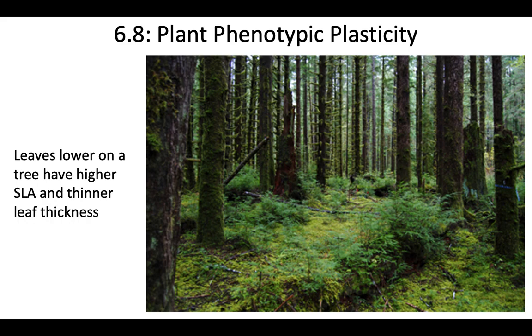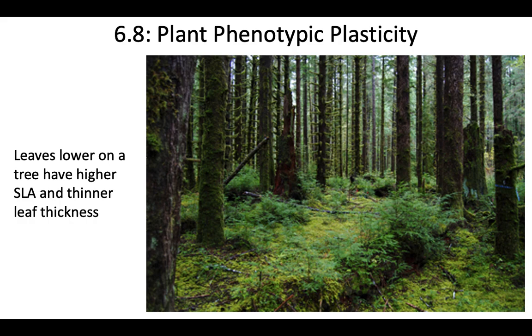Some trees will actually change their shape, particularly trees that are very tall and will have a canopy and an understory. On the individual trees, they'll have differences in leaf shape. The ones that are lower on the tree have a higher SLA and thinner leaf thickness, and the ones at the top that are closer to the sun, don't have to deal so much with light availability, might be thicker and not nearly as broad and have a lower SLA.